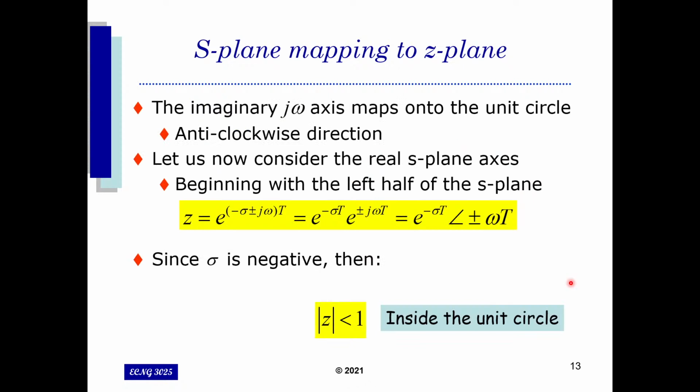So mathematically, what that means is that the j omega axis in the s domain is going to be mapped onto the unit circle in an anti-clockwise direction.